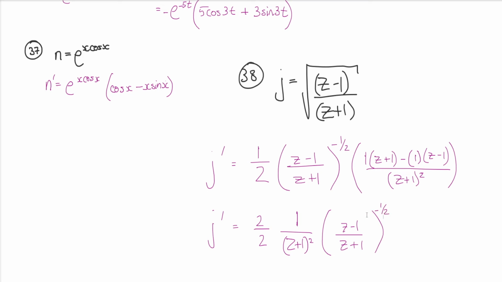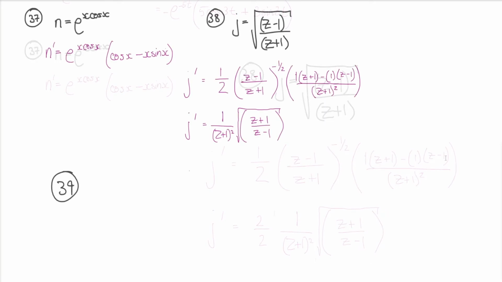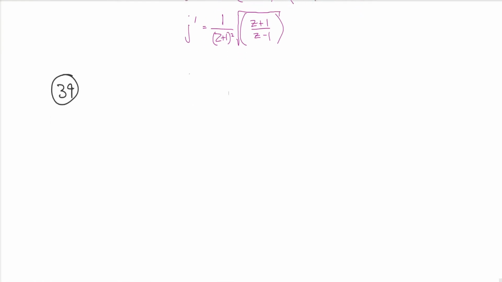Or if you wanted, you could flip those two and make this a positive 1/2, which is the same as the square root. Boom. Okay. Sorry about that. All right, 39.